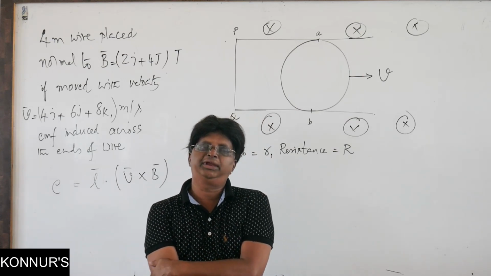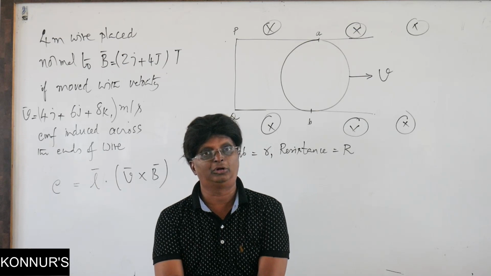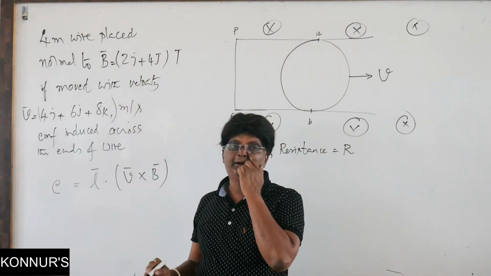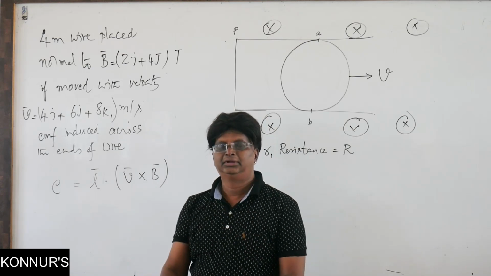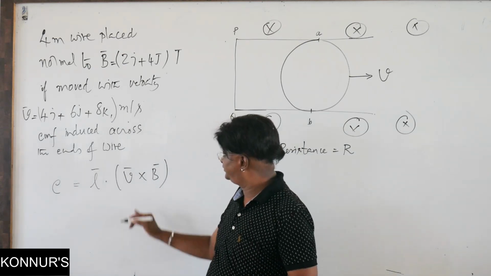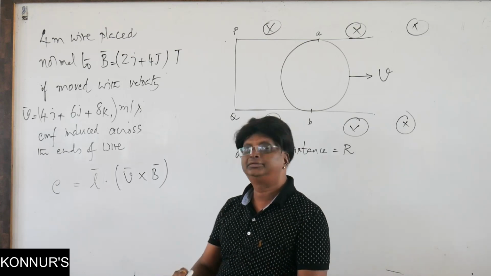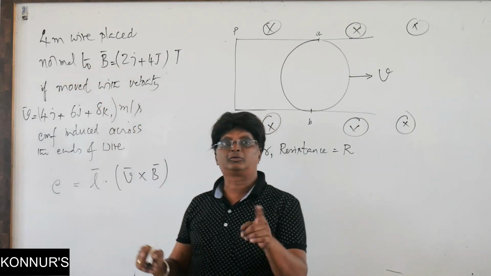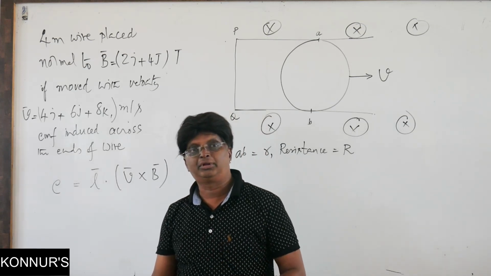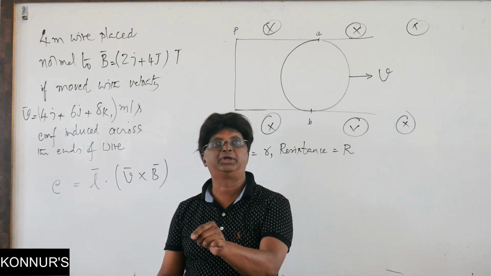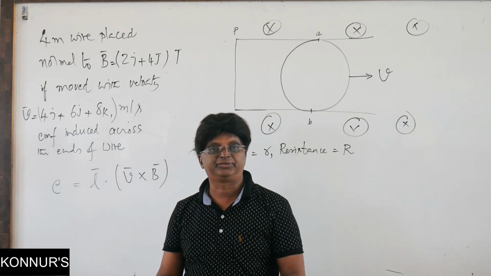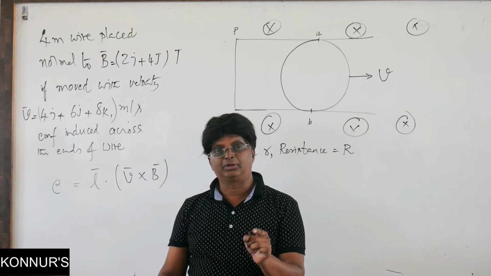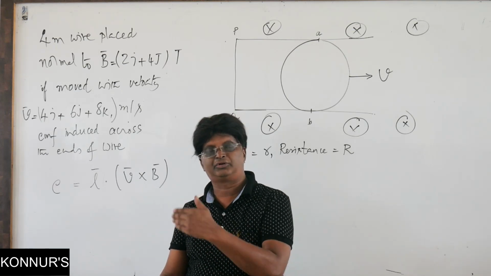Because most of the time for NEET and CET it will be an easy option: if B bar and V bar are coplanar, what happens to V bar cross B bar? Or if L bar and B bar are coplanar, then what happens to the dot product? That idea will tell you whether 0 is possible in this case, and immediately look for options. If they are not coplanar, then we go for the solution.